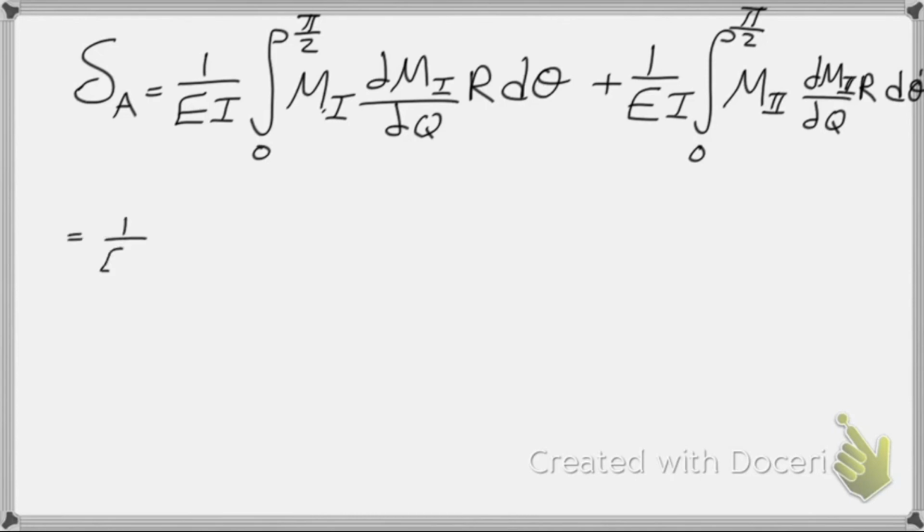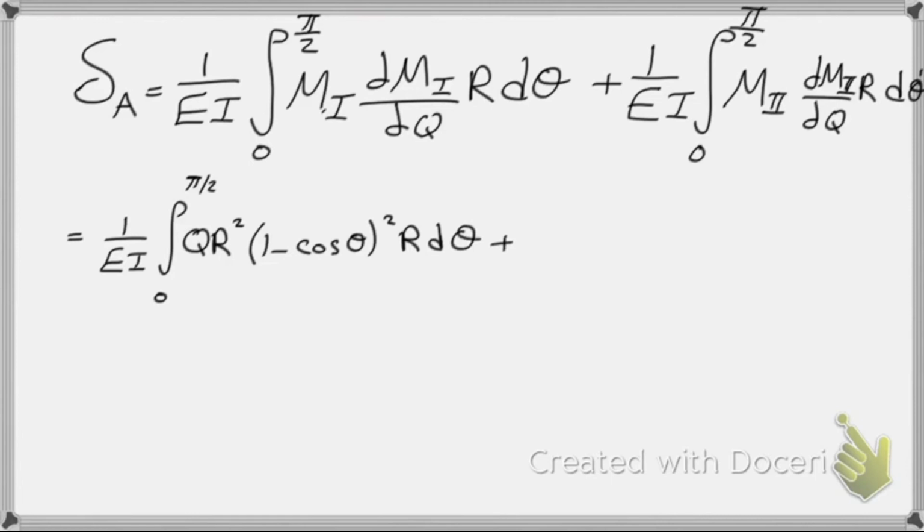So 1 over EI, the integral from 0 to pi over 2, QR squared (1 minus cosine theta) squared R d theta.